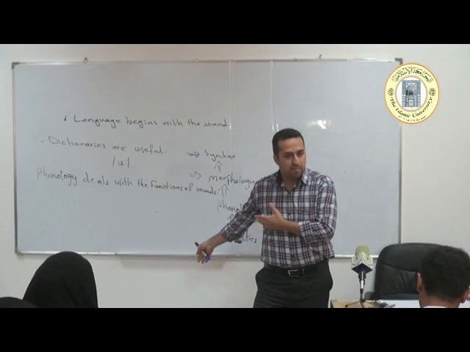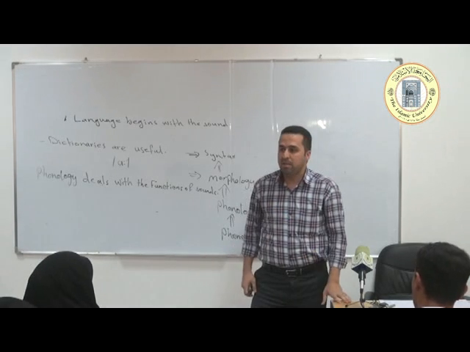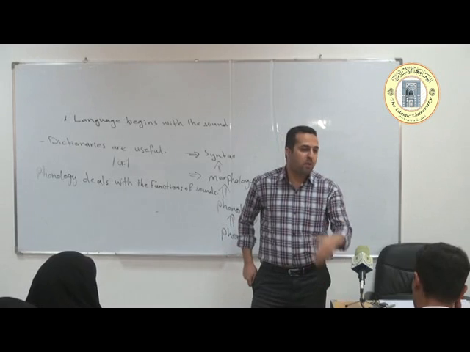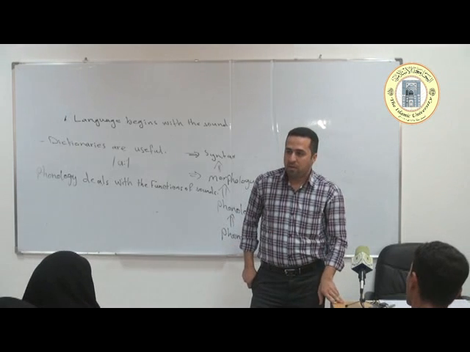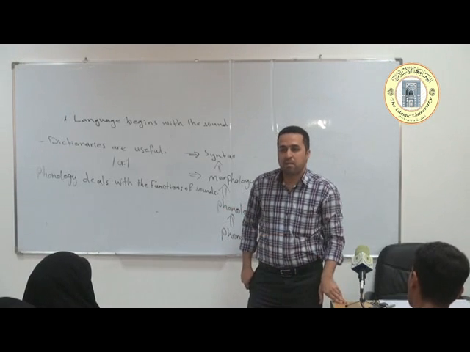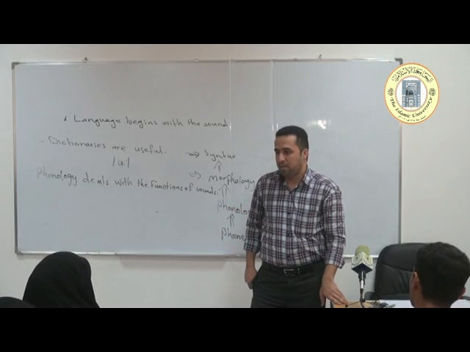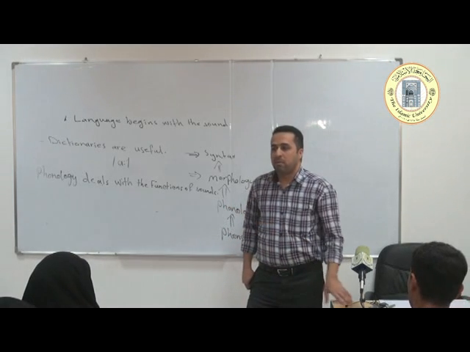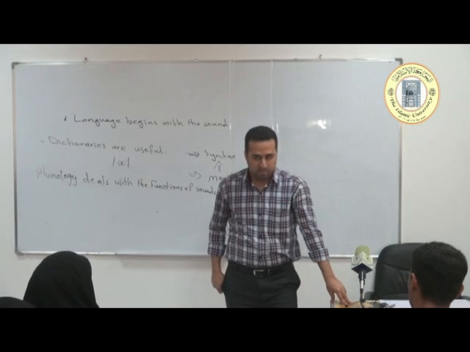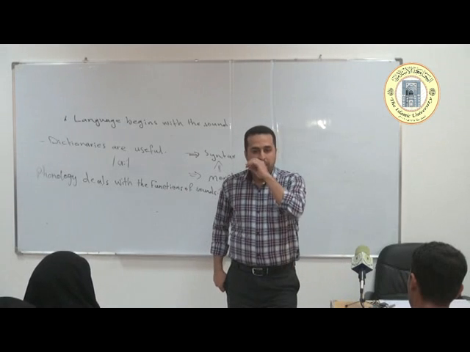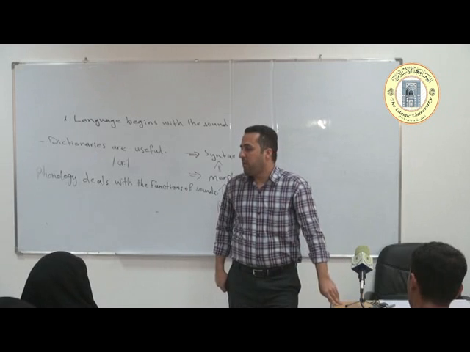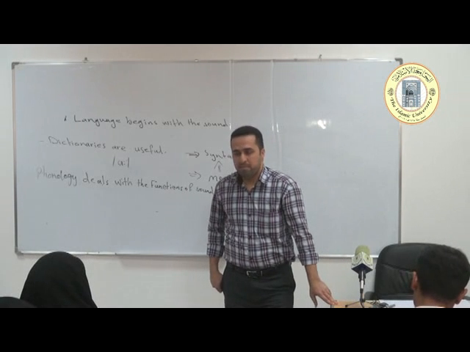It is considered as a consonant, right? But it is produced with no obstruction to the airflow. So here it looks like the vowels. And also the w sound, the y sound, right? So, phonology comes here to solve this problem.